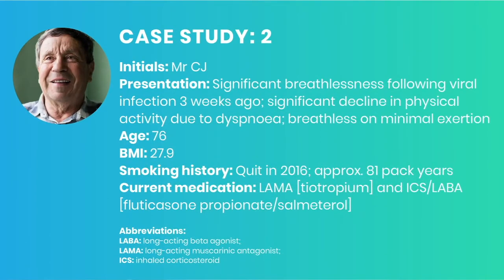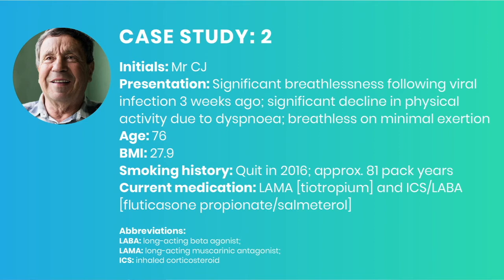So here we've got another case study of a patient who's 76 years old. They've smoked very heavily in the past, but have also quit 4 or 5 years ago. They've now presented with quite significant breathlessness after having had what sounds like a viral infection about 3 weeks ago.